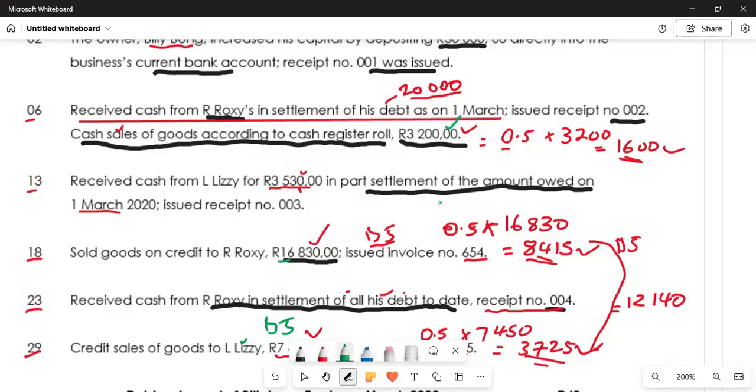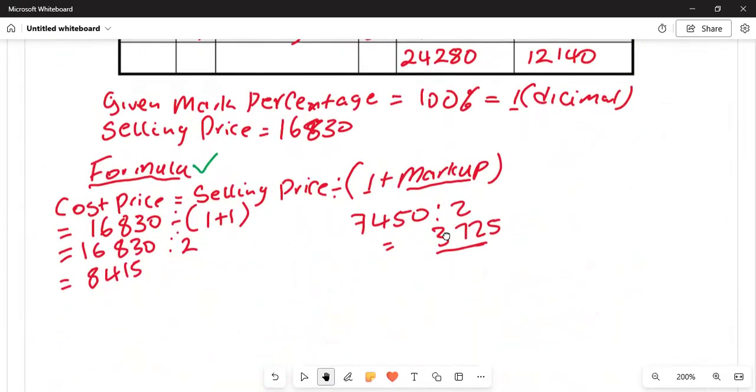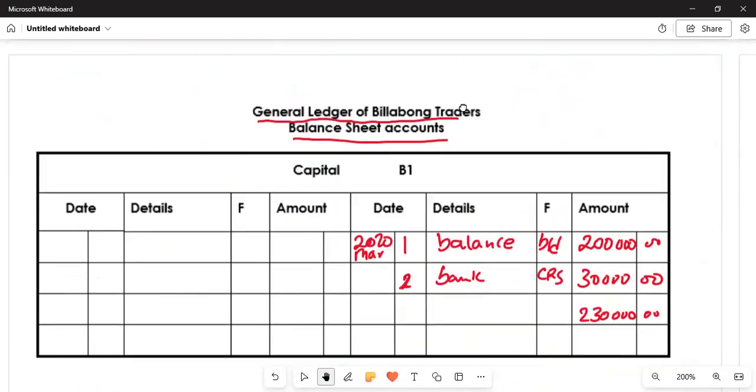So the amount of 24,208 as our debtors journal, debtors control. This is where we added this debtors journal. Remember, that is where the 240 comes from. Hope we understand each other.